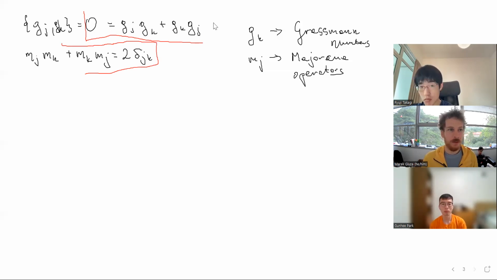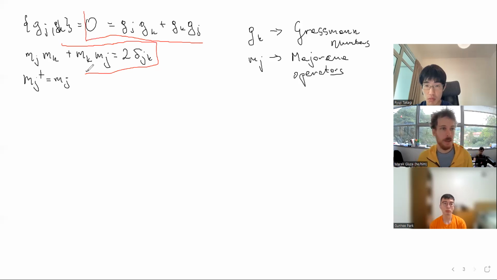And to make it precise, we should add that there will be a notion of Hermitian conjugation, and that basically they are self-adjoint like this. So this is a little bit a different space. Now I was telling you different views on Grassmann numbers, and the views on Majorana operators will be basically one way of viewing them.